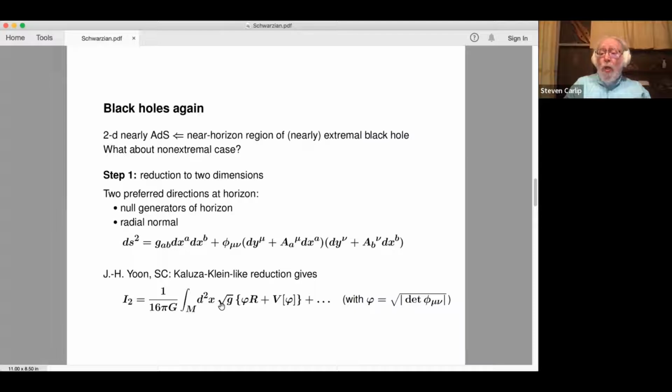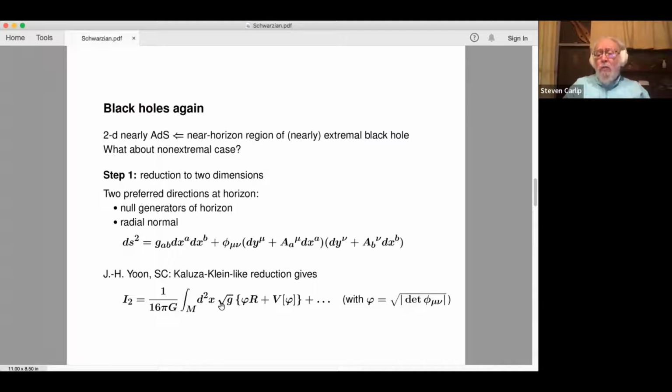And so the question is whether you can say anything about generic black holes. Is there any way to give a description of an arbitrary black hole in terms of some effective degrees of freedom that perhaps have a Schwarzian action as their description?